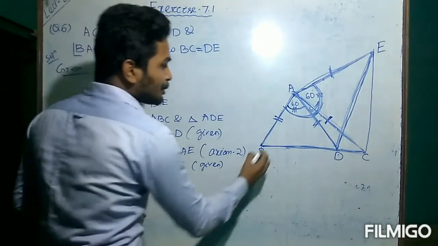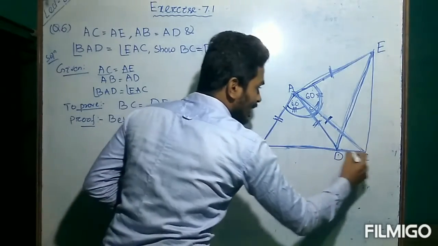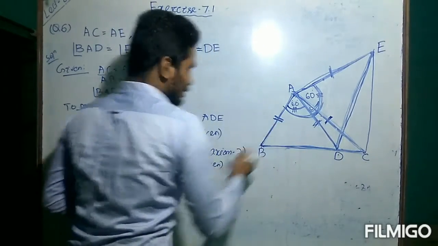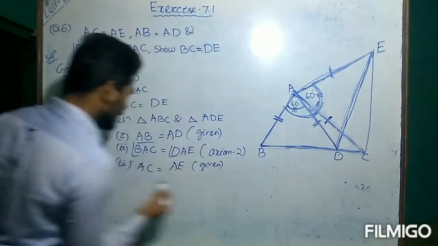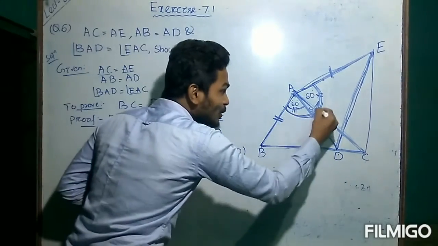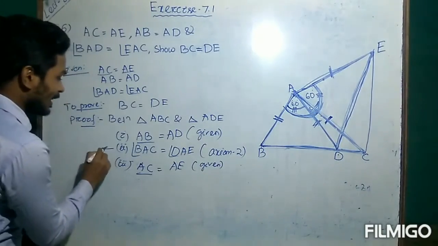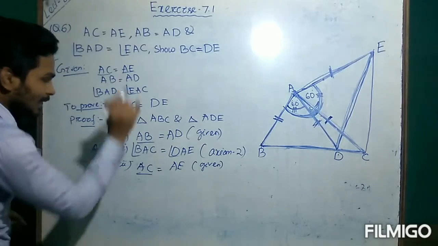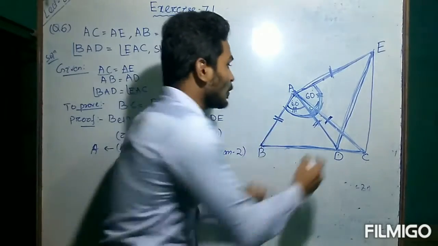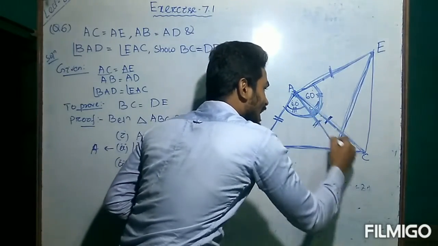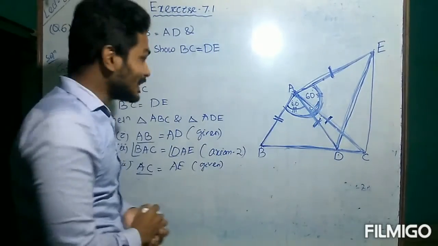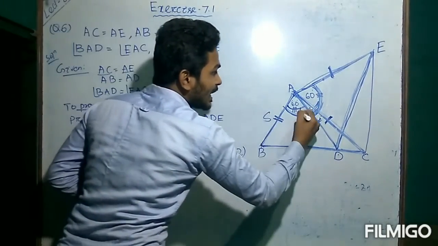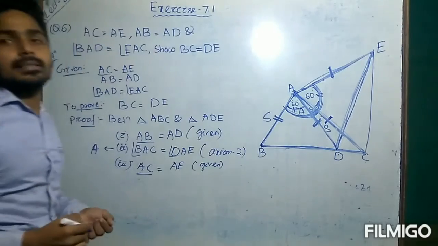We find that in this triangle, this side AB, this side AC, and the included angle are equal to this triangle's sides and included angle. So it is considered as SAS congruency.